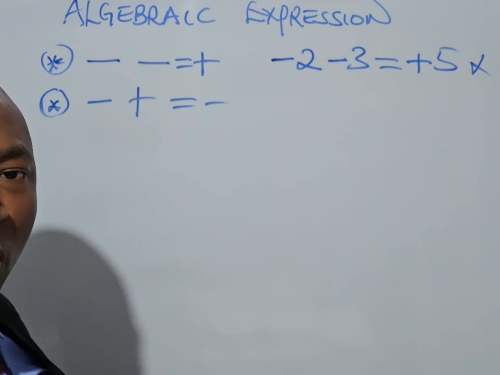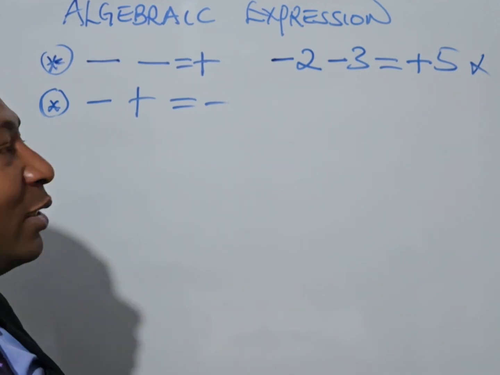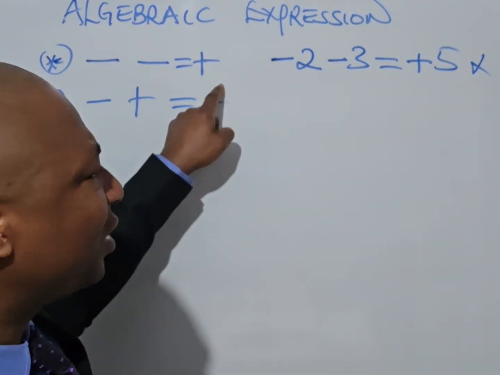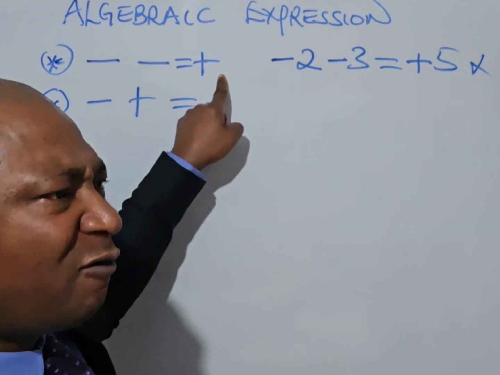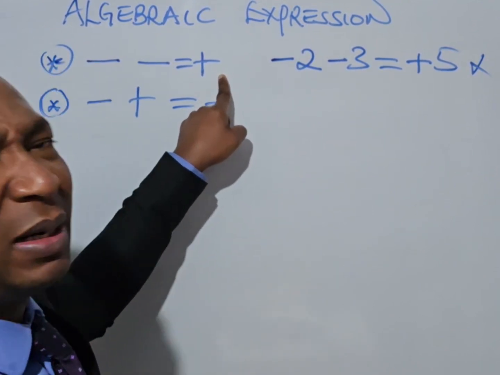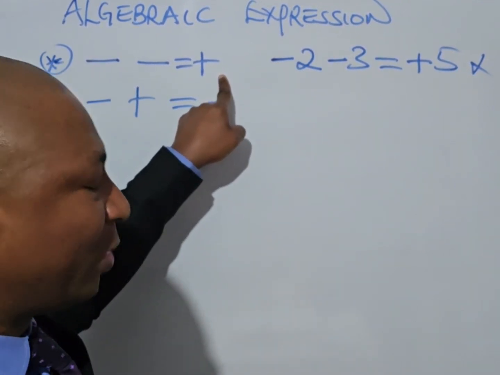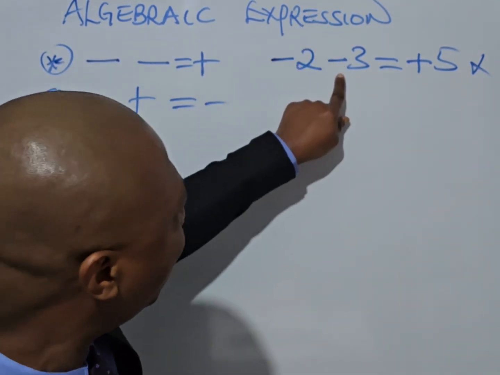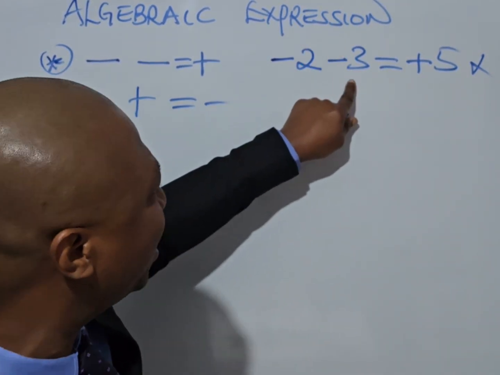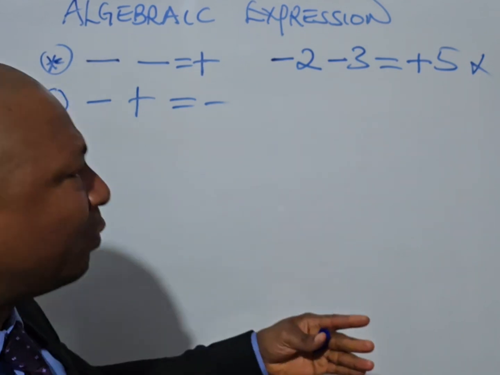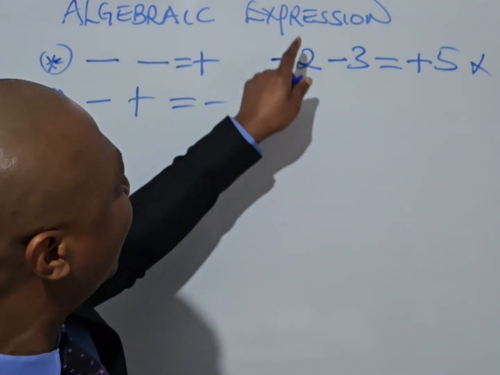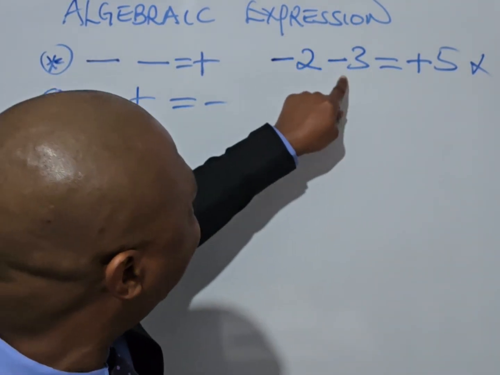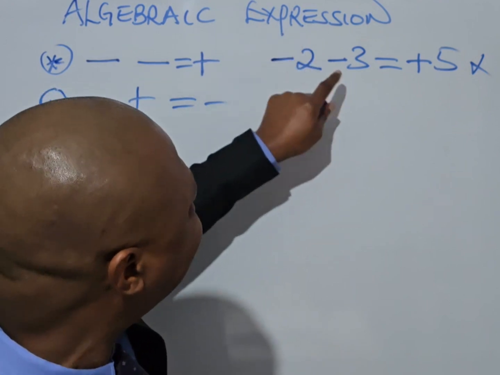Minus minus is plus, giving me an indication of what I'm expected to do. If you have minus 2 minus 3, it is telling you to add up the two numbers.